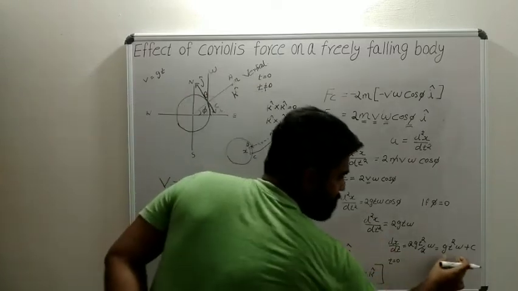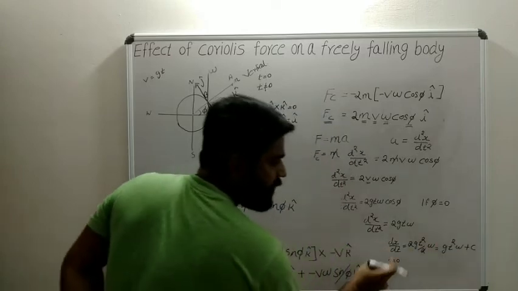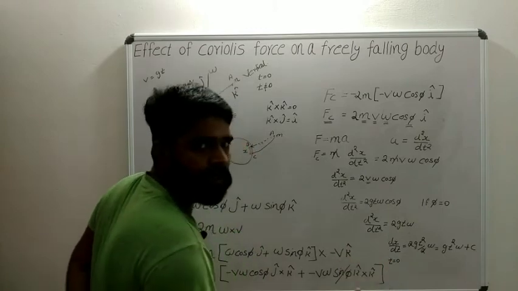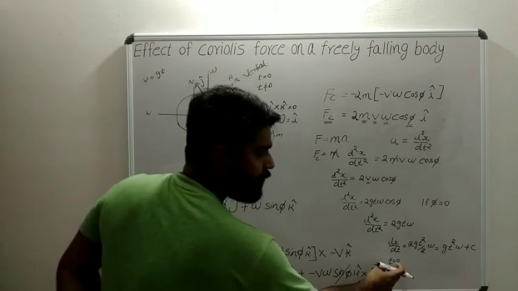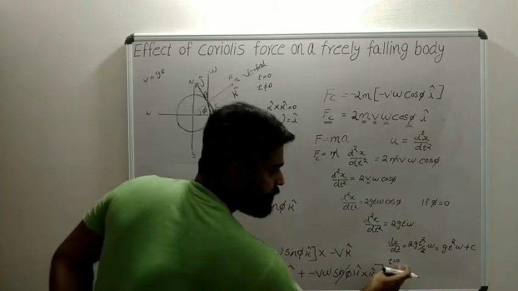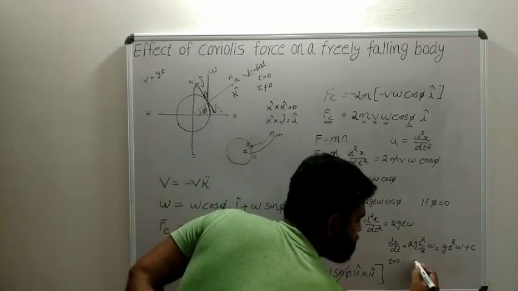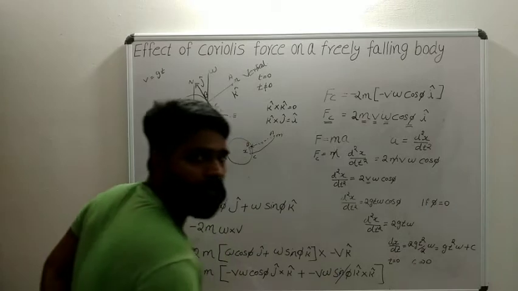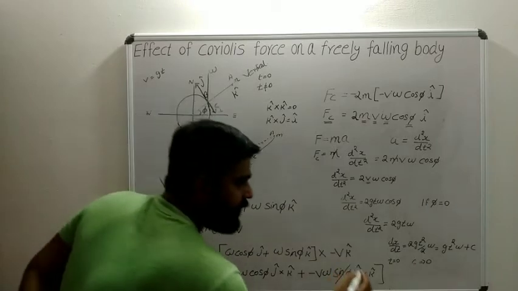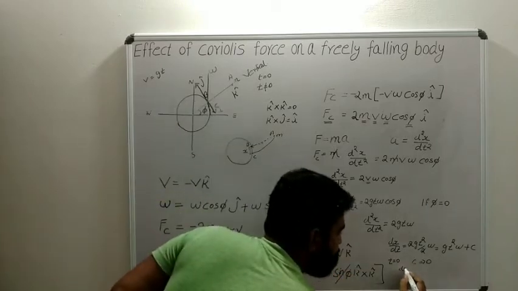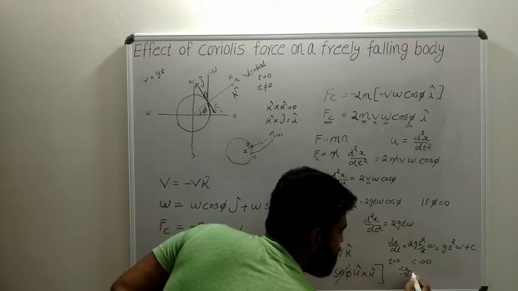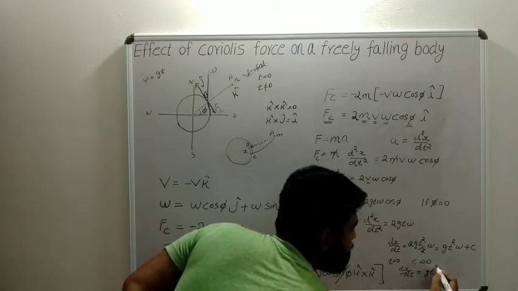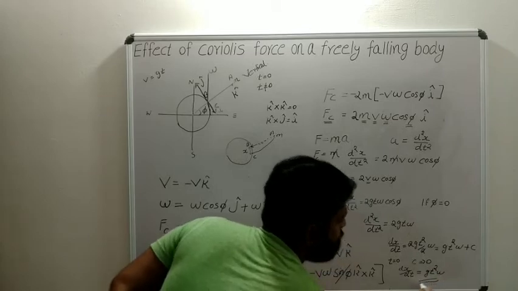Then what's the value of dx by dt? dx by dt becomes 0 at time t equal to 0. That means t is equal to 0, the constant also becomes 0. At this condition, the value of dx by dt is equal to g t square omega.